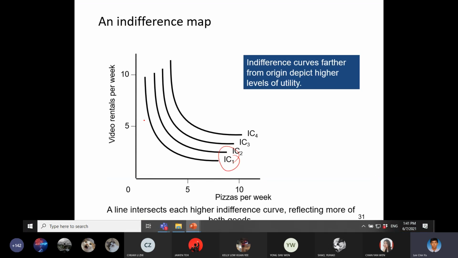In order to maintain it, you need to reduce one good and increase another. But if you draw it outward sloping, it means you consume more, but the level of utility is still the same.